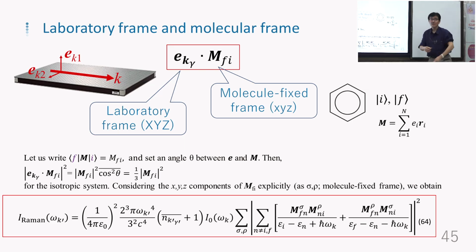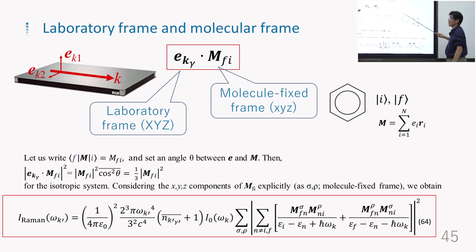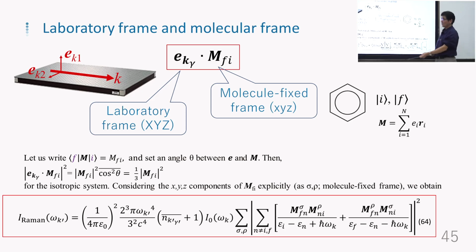So somehow we need to consider the relationship between laboratory frame and molecule fixed frame. For that purpose, we introduce an angle theta between the vectors E and M, okay, in the laboratory frame.